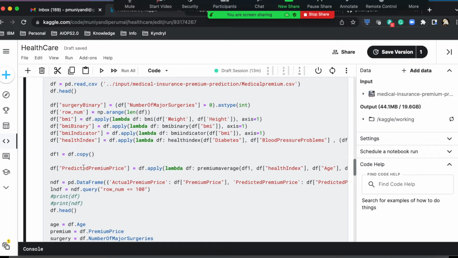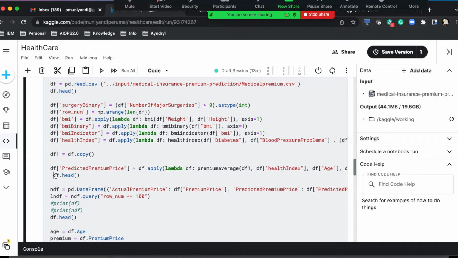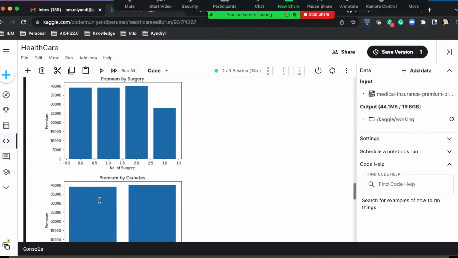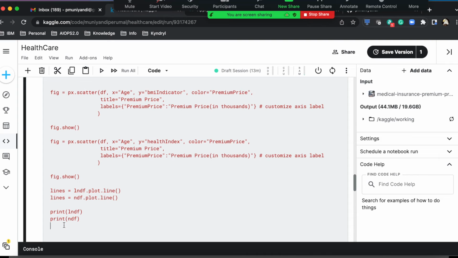Okay, so probably we can do one thing. DF head, I can put it here so that you can see that. I'm going to comment all this code so that this code won't execute. Only that part of the code will get executed.